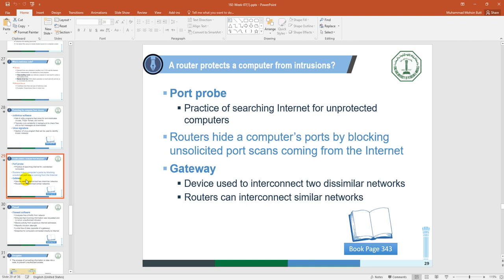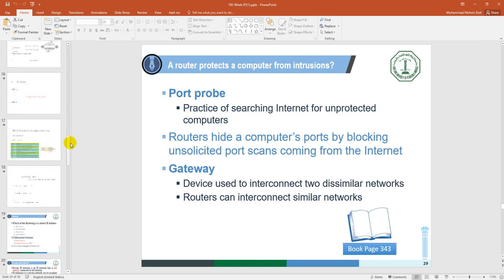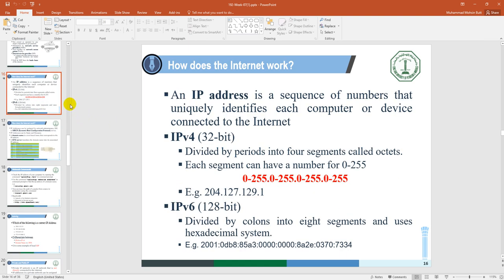Next, we have another very important thing that is called port probing. Port probing is basically a way to search the internet for unprotected computers. Remember, in the TCP/IP protocol, I talked about that. Wait, let me open it first. Yeah, so in the TCP/IP protocol, we made sure that every device on the internet is given a unique address, that is the IP address.